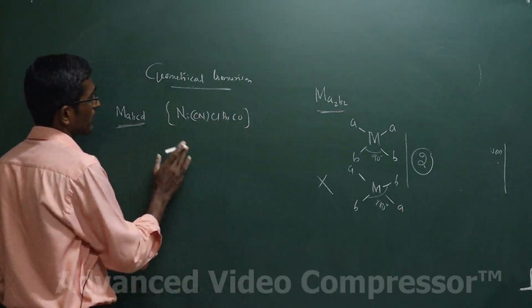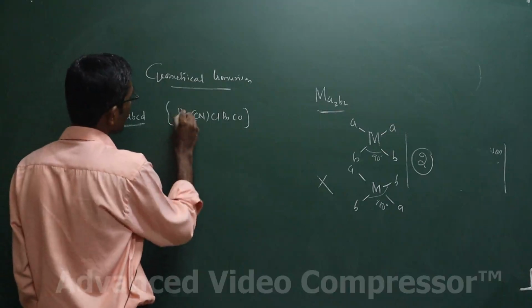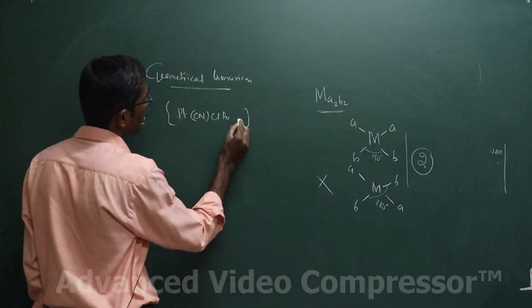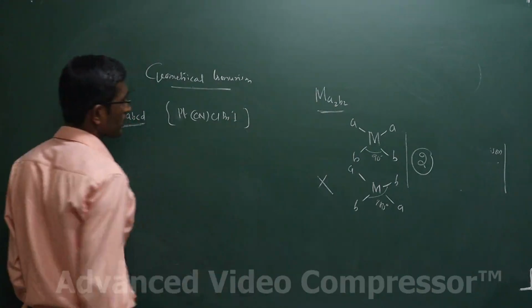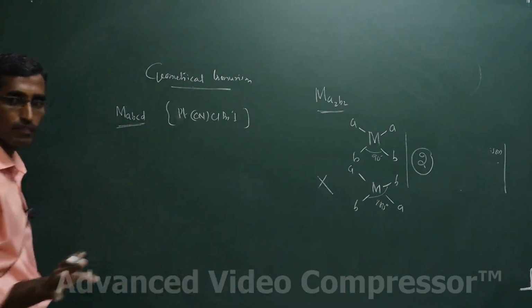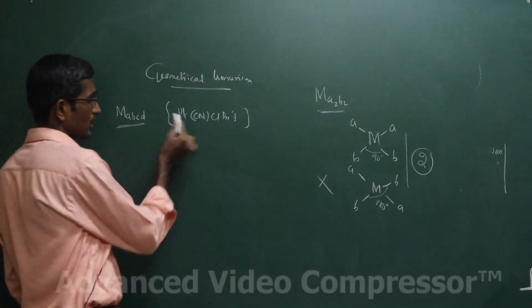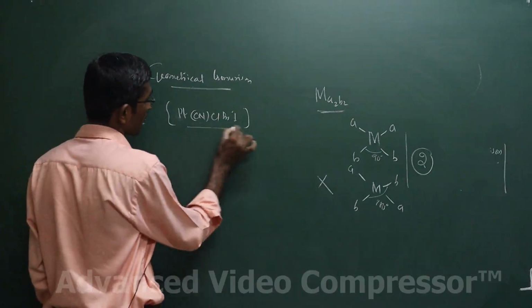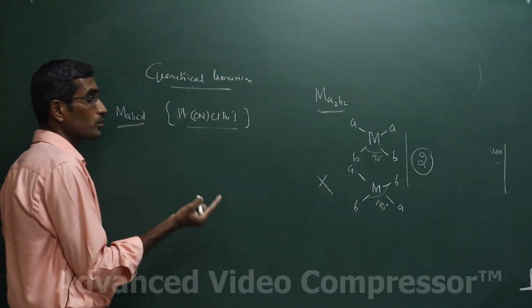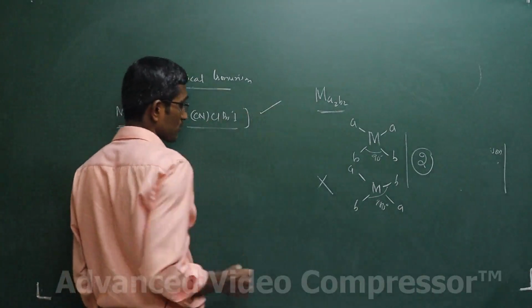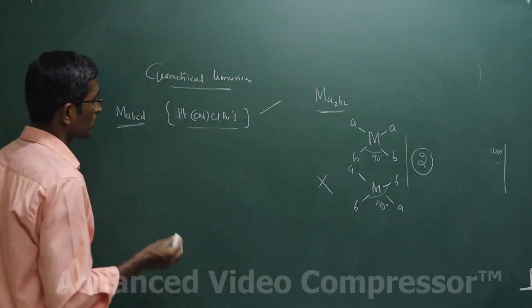For example, I am putting like this, or else it can be platinum. To make it easy, if it is platinum, you can take different ligands also. You can take iodine also here. Doesn't matter. Platinum will always be a d8 system. It will always be showing geometrical isomerism. This is the example if they had given and asked you to predict whether it shows geometrical isomerism or not. Yes, it shows geometrical isomerism. The question is how many geometrical isomers are formed.